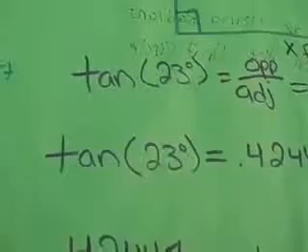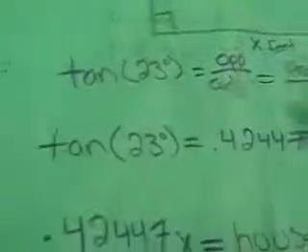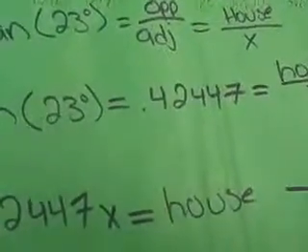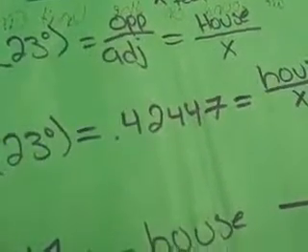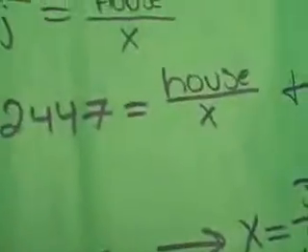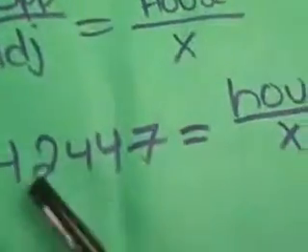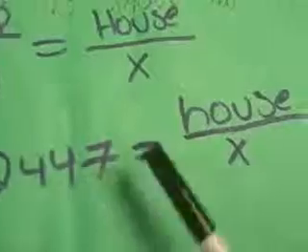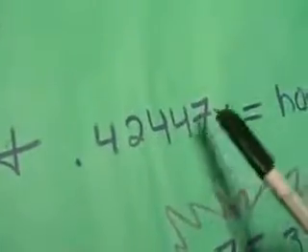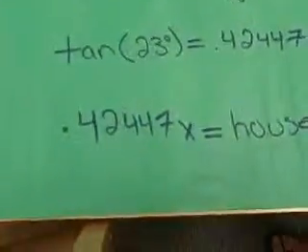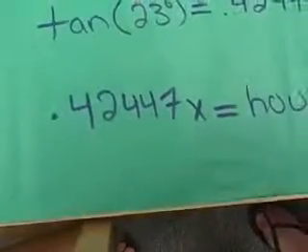So since we're going to check this in the calculator, tangent 23 degrees equals 0.42447, which equals house over x, and 0.42447x equals house. With that being said, know that the house roof is 32 feet above the ground.